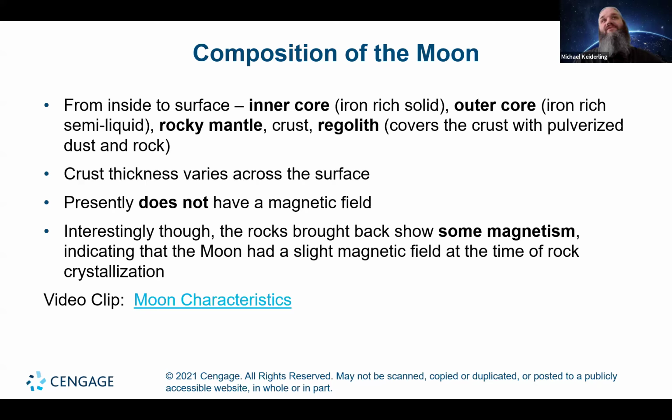The thickness of the crust varies across the surface. It presently does not have a magnetic field, so the core is not very active. But rocks brought back show some magnetism, indicating that the moon had a slight magnetic field in the past. So 3 billion years ago, it might have had a magnetic field.